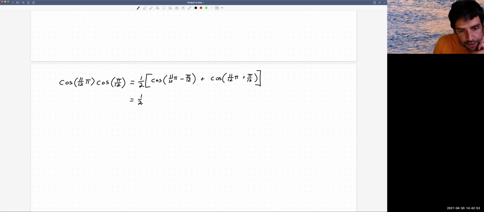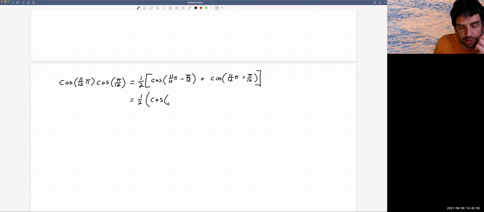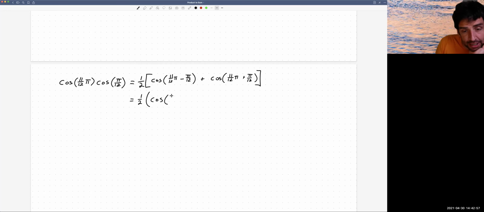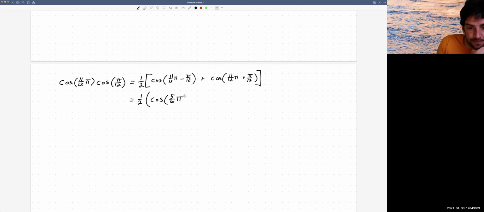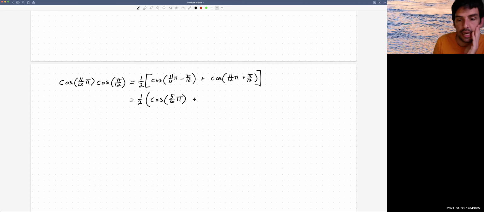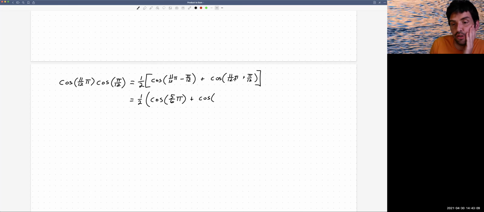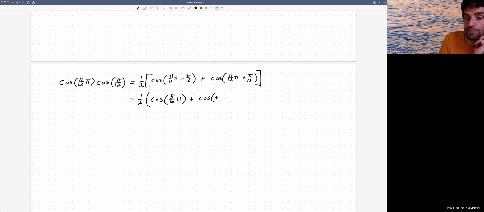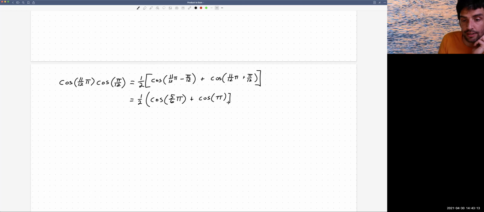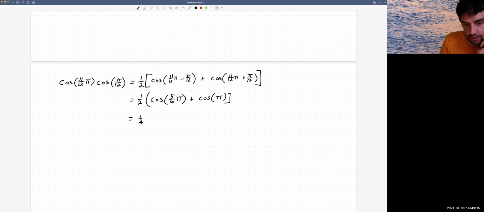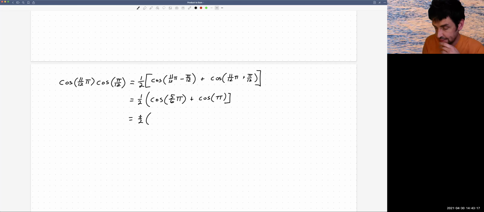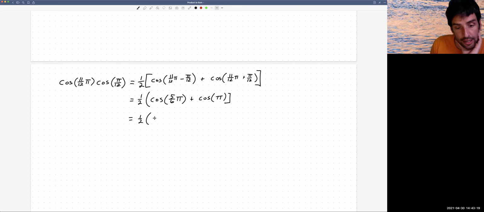So that's 1/2 cosine of 10/12 pi, since 11/12 minus 1/12 is 10/12 or 5/6 pi. And then we've got cosine of 11/12 plus 1/12, which gives us 12/12 or simply pi.